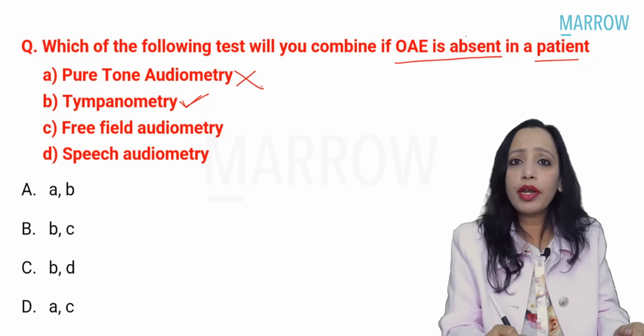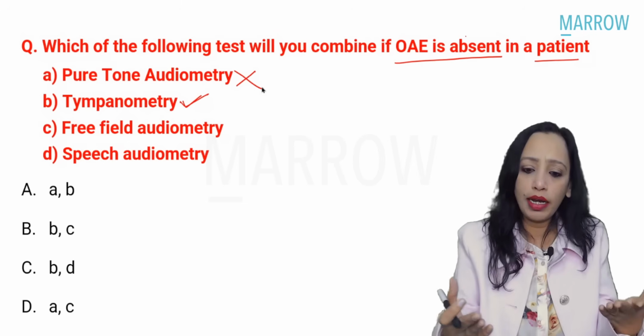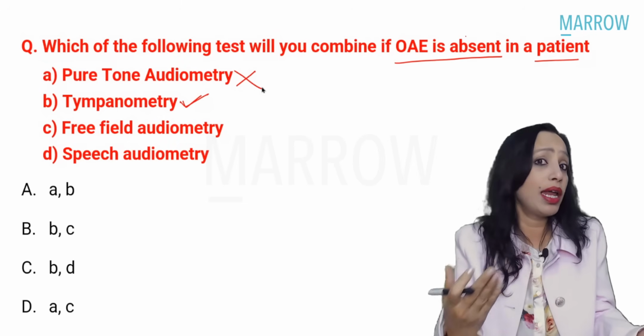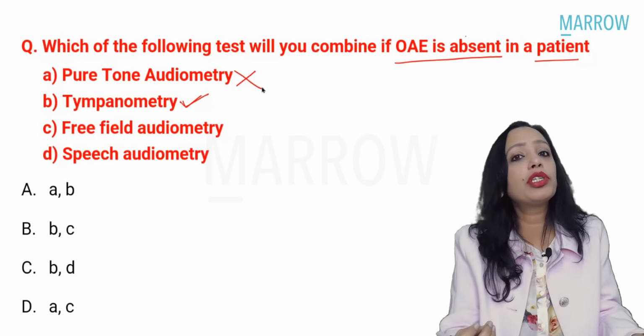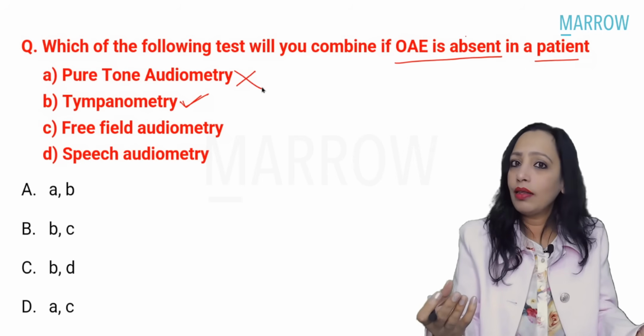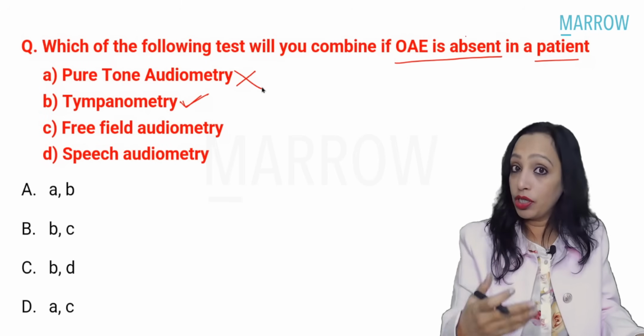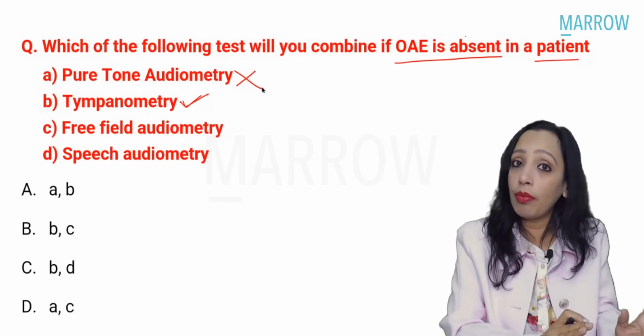Free field audiometry. What do you think? Free field audiometry is just a very, very basic test that will just tell you whether the child is hearing or not. And in any child or in any patient where the otoacoustic emission is absent already, we know that there is some hearing loss. Yes, there will be the cochlea which is defective if the tympanometry is normal. So definitely this child will not be able to hear.